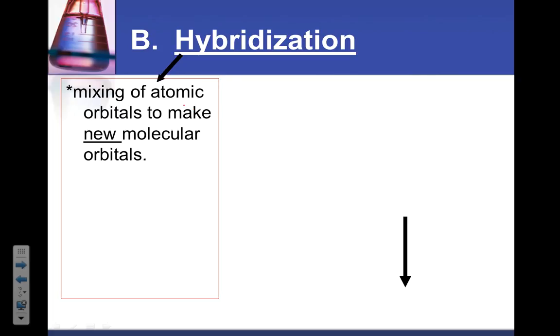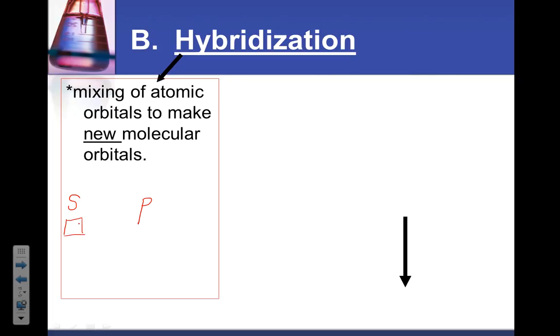Now, when we talked about atomic orbitals, we specifically talked about your s, your p, your d, and your f orbitals. Specifically with hybridization, we're going to start off by looking at how our s and our p orbitals mix or hybridize, if you will. If you think back to our last unit, we learned about our s orbital.